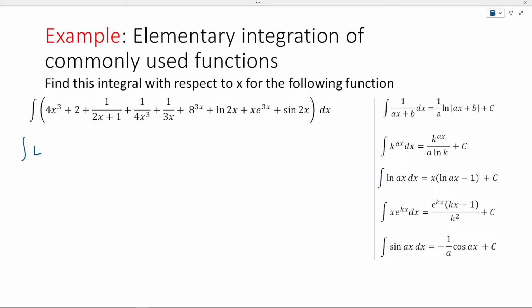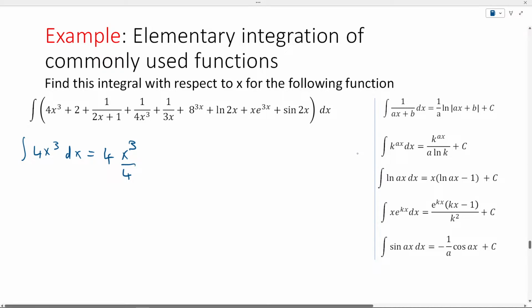So here's the integration of 4x^3 dx. You should be expert at this by now. What do you do? You add 1 to the power and then you divide by 4. So that would be 4x to the power 4, divided by 4. And then there should be a c here.